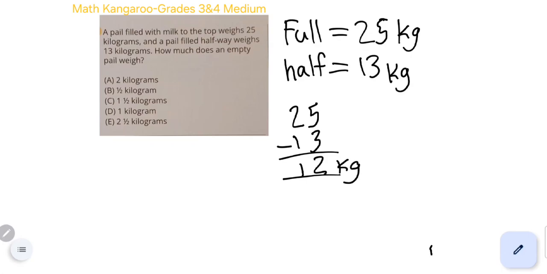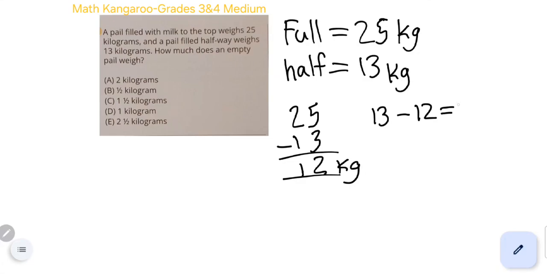Here we noted that half a pail weighs 13 kgs, but here when we did the math, it says that only half milk weighs 12 kgs. So we can do 13 minus 12 to find how much the pail weighs.